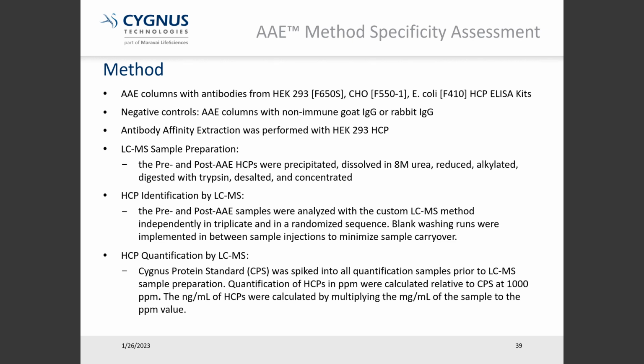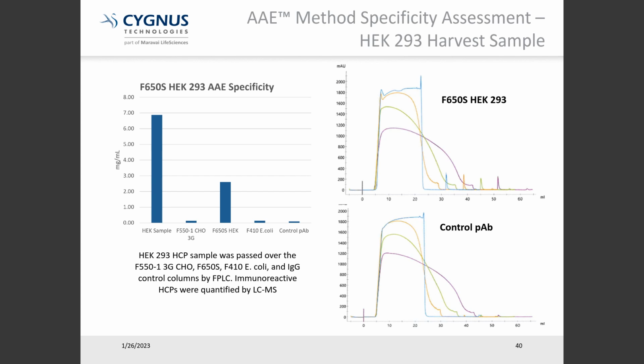So this is the experiment that we've set up to demonstrate this. This is using our F650S HEK antibody. We have our affinity column on the top, which is the antibodies used in the HEK host cell protein ELISA. We made the column, we loaded the sample. You see we washed to baseline, and we get some nice elution peaks for each of those.